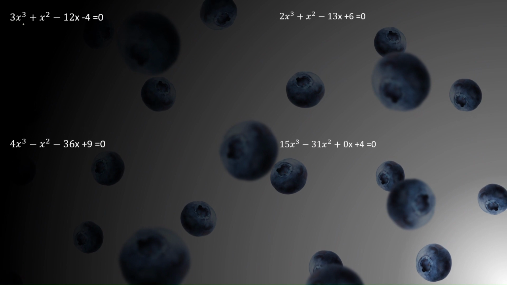So here the coefficient is not 1. I already told you, if the coefficient is not 1, then simply divide this complete equation by the first coefficient. So divide by 3, and it will become x cube plus 1 by 3 x square minus 4x minus 4 by 3 is equal to 0.